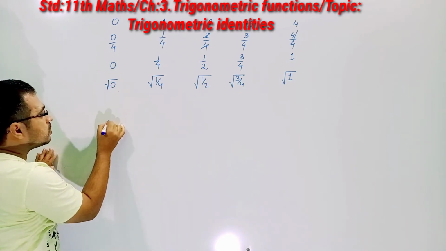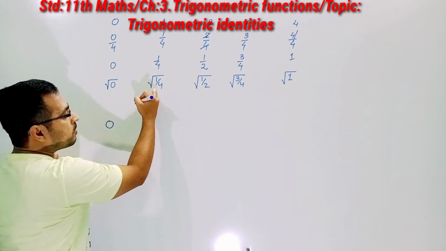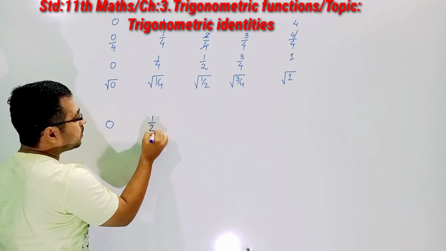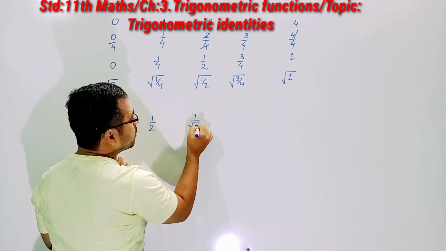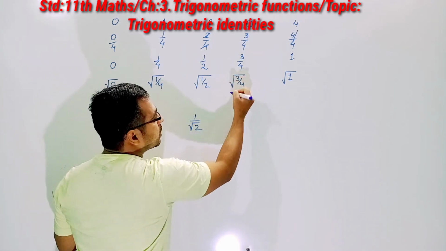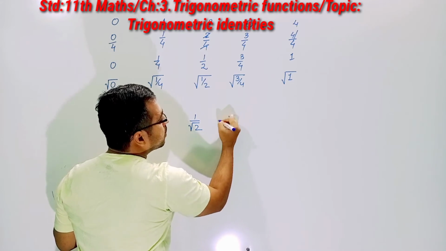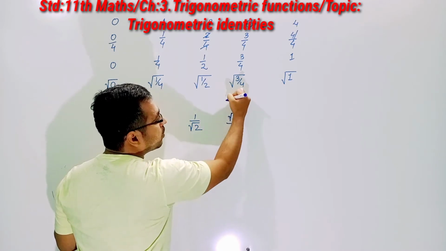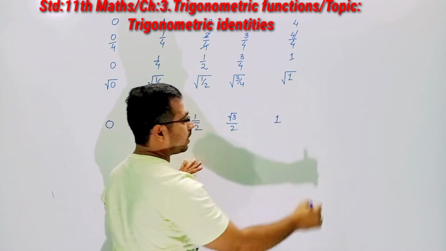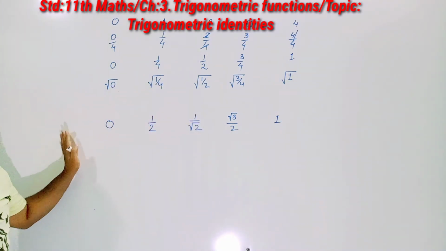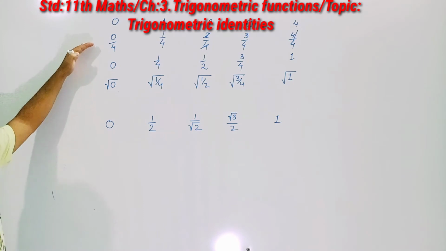Square root of 0, 0. Square root of 1 by 4, 1 by 2. Square root of 1 by 2, 1 by root 2. Square root of 3 by 4, root 3 by 2. Square root of 1 will be what? 1. So this is the simplified form of all these steps.